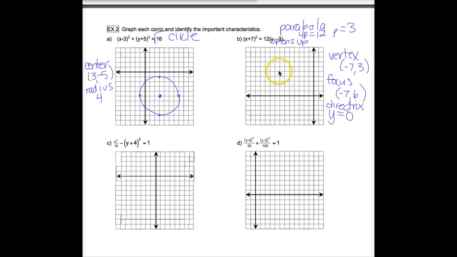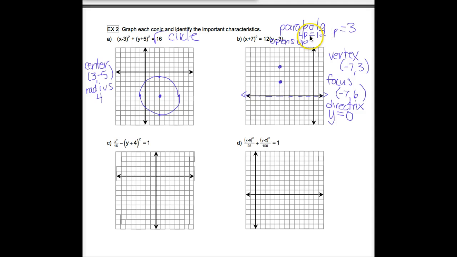So it looks like all of those things are going to fit even if I count by ones. So -7, 3, 1, 2, 3, 4, 5, 6, 7. There is my vertex. My focus is going to be 3 more up, and my directrix is going to be down here. Now to get my opening, I need to plot those other 2 points.